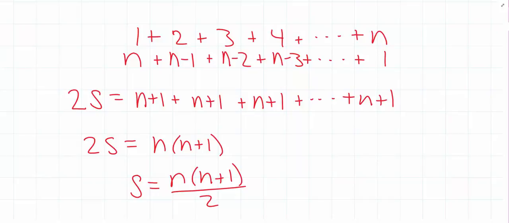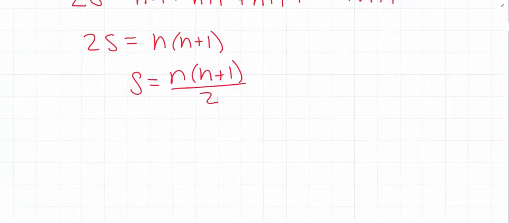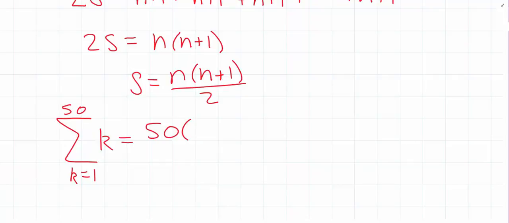So that's cool because I could do this. Let's suppose I've got the sum, and I'll use k this time, from 1 to 50. And I've just got k in there. Well, what this is telling me is I'm going to put 50 times 50 plus 1 over 2. See? Because I'm starting here at 1 and going to 50.